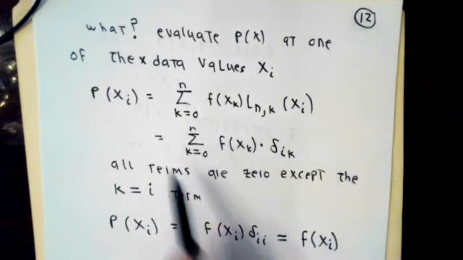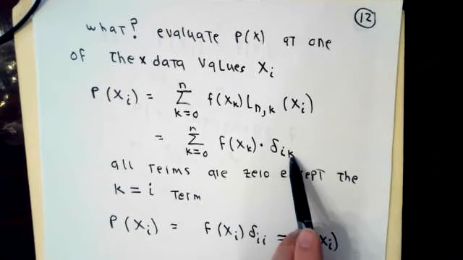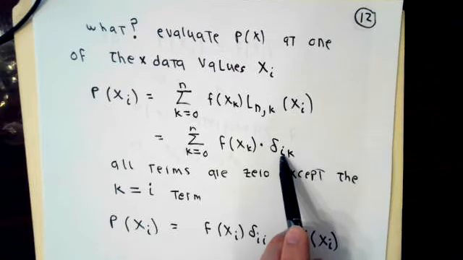This is a sum of a bunch of things. f of x0 times delta i0, f of x1 times delta i1, and so on and so forth. Almost all of those terms are 0 because the Kronecker delta is 0 for most pairs of indexes. The only time that you're going to get something different from 0 is when index k is equal to index i.